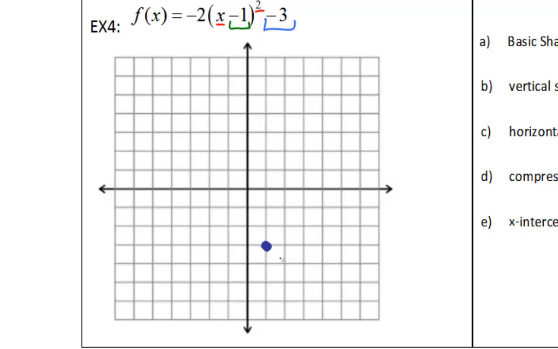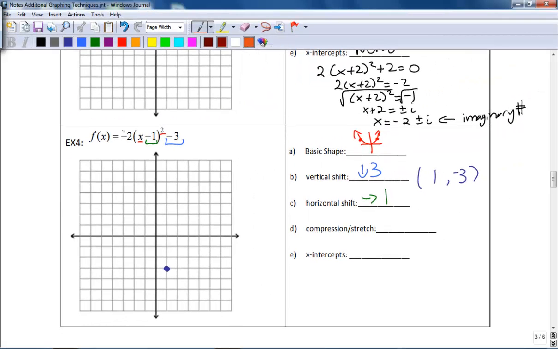Now I need to figure out, do I have a compression stretch? I do. I'm multiplying the function by negative 2. If I'm multiplying the function by negative 2, I have to remember that I need to reflect. So I will no longer look like this graph. I'm actually going to be looking like this. I'm going to be reflected about that x-axis.